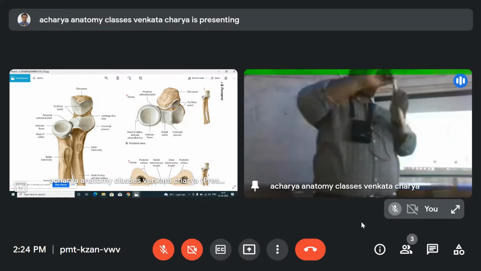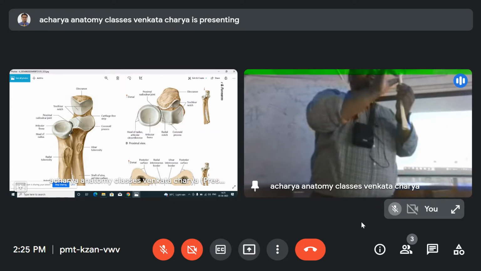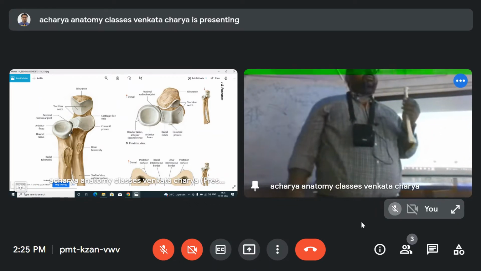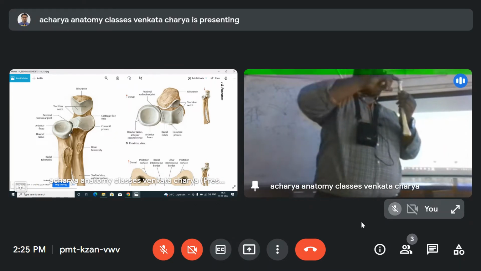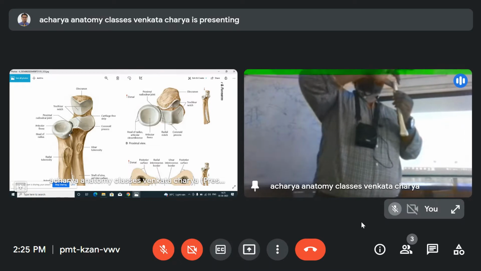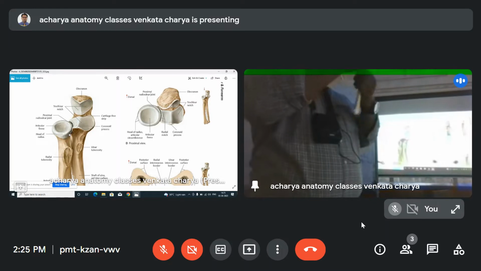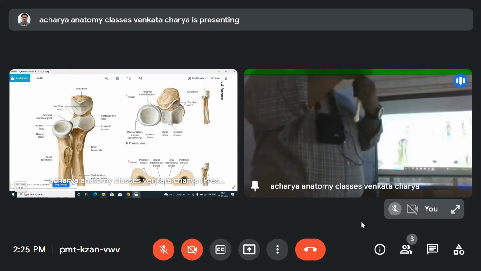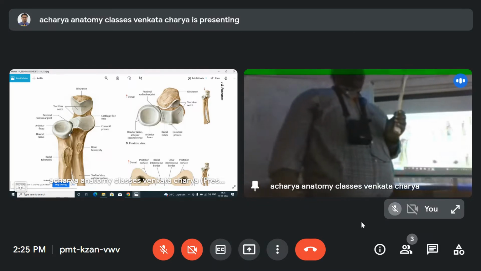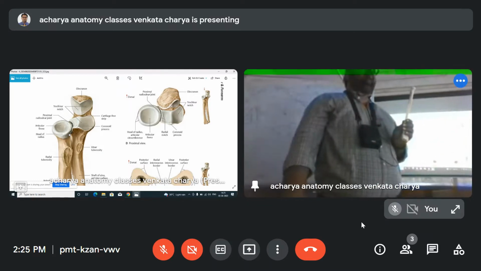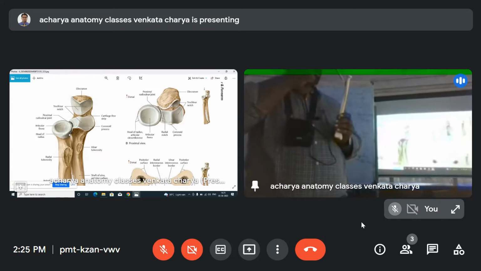We called this the disc shape, and this side one we called the circumference of the head. So the head has a superior surface and a circumference surface. The constricted part is the neck. Second part is the neck, and third part is the radial tuberosity.